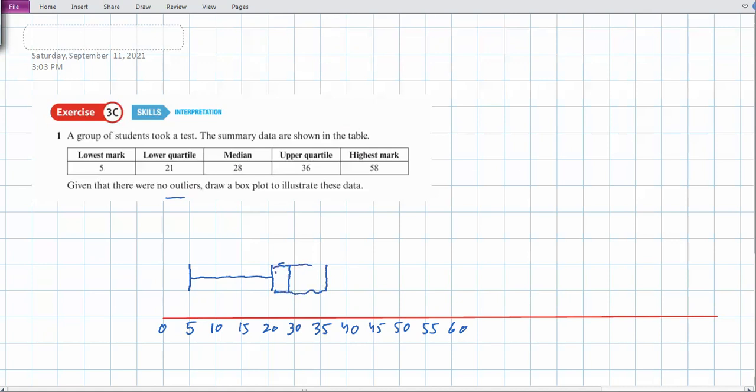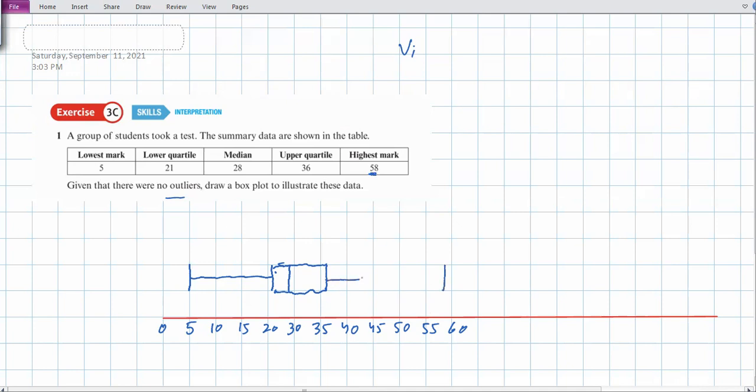This is called a box plot, or another word used for this one is box and whisker plot. So this one is your Q1, Q2, Q3, and then the highest mark. The highest mark other than a quartile is 58, so 58 will be here.